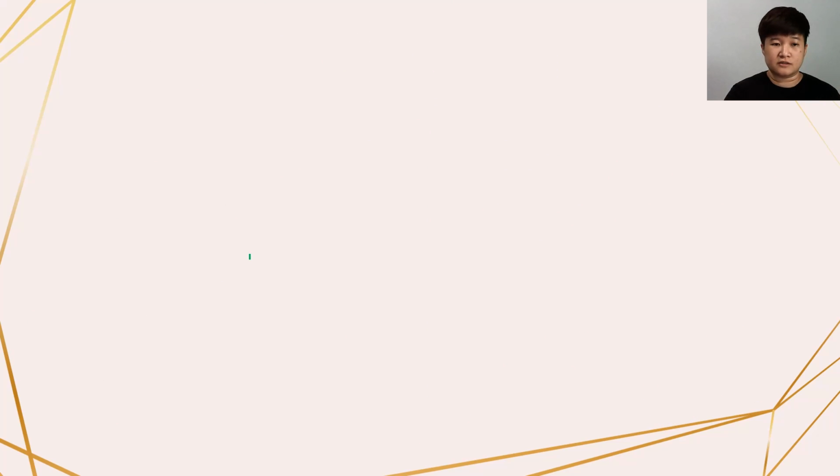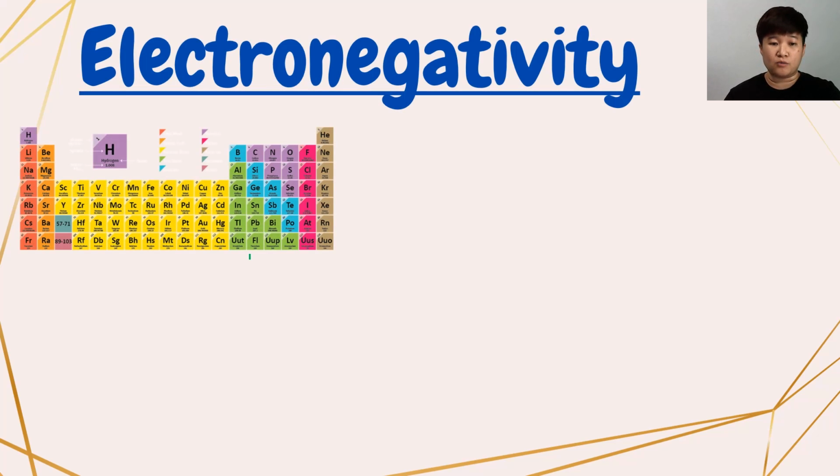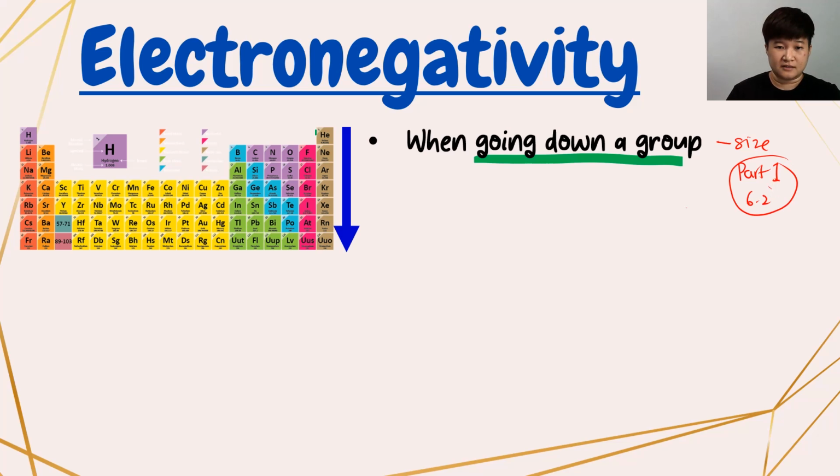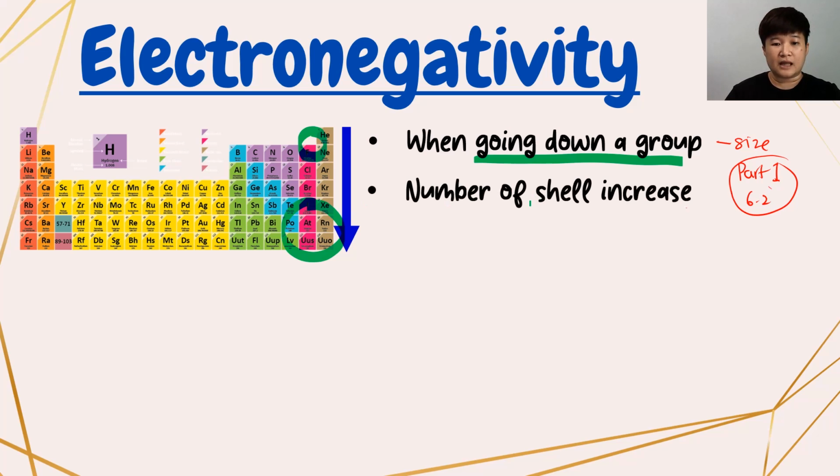And the conclusion that you can use for the electronegativity going down a group is as given. When you go down the group, we'll talk about the size first. That will relate to your part 1 6.2 video. So the size increase when you are going down a group will be affected by what? The number of shells increases.